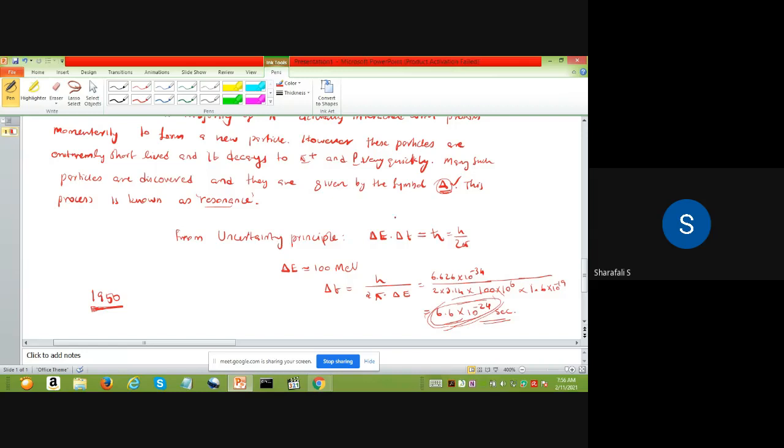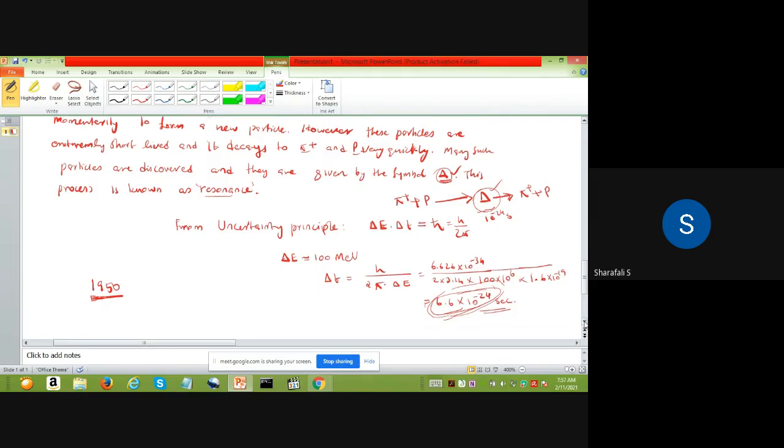So the interaction will be π+ interacting with the proton, which will give you the Δ particle, and then the Δ particle decays into π+ and p. These are extremely short-lived particles, which will be here for a lifetime of the order of 10^-24 seconds, and they quickly decay to π+ and p. So this is what is happening in this interaction.